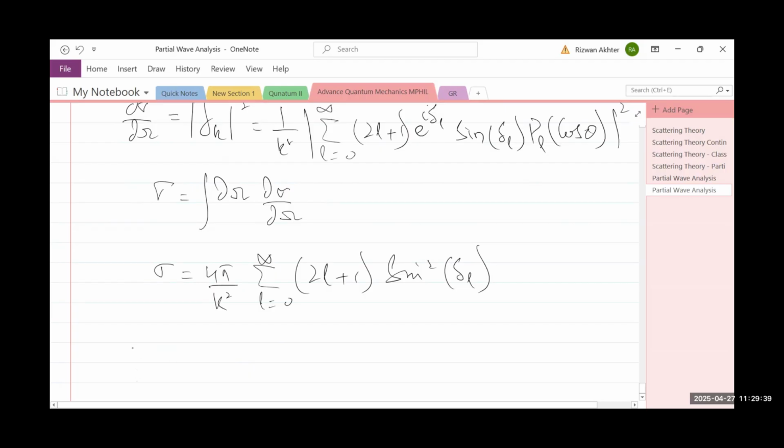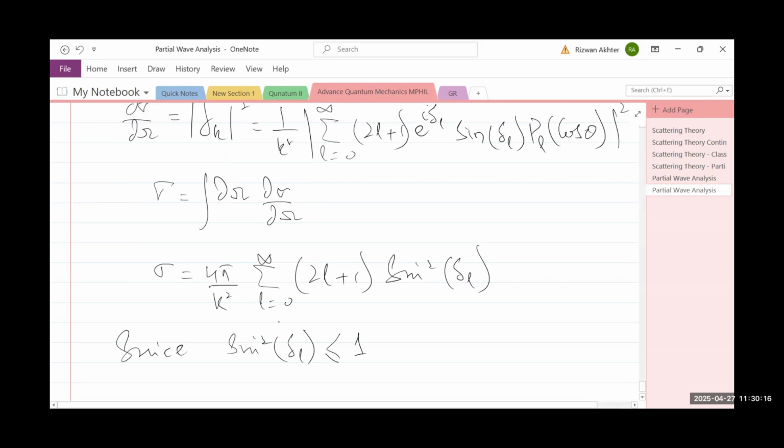Since sine square of delta L is less than or equal to 1, it is capped at 1. For small values of delta L, other than 0 and 180 degrees, it would be less than 1, and for delta L equal to pi by 2, it would be equal to 1.